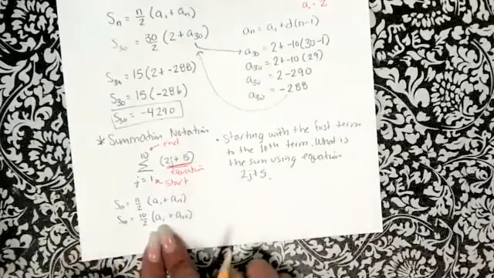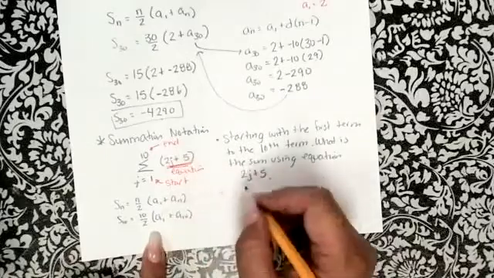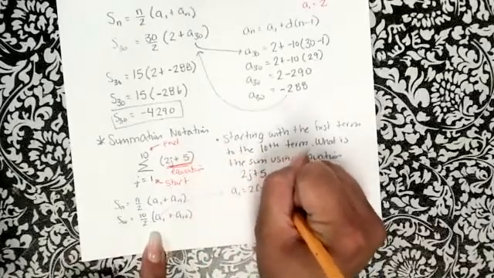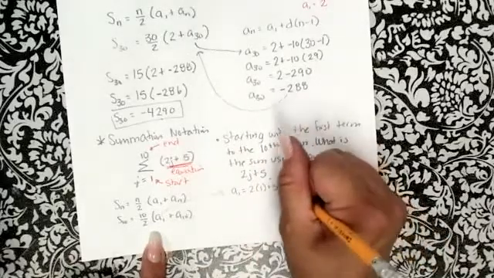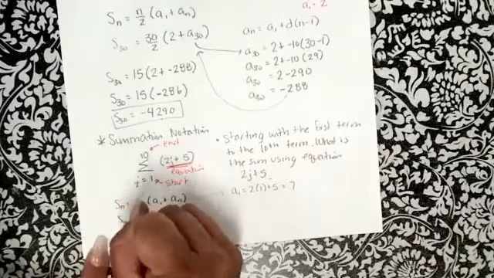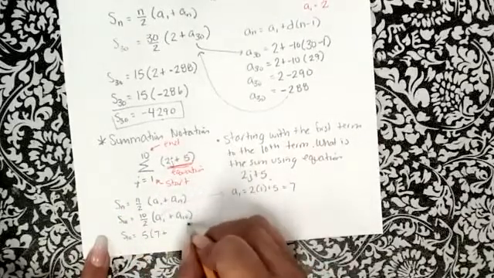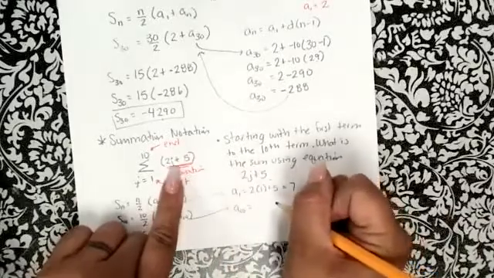Now, in order to find a1, you have to actually plug it into the equation. So to find a1, that's going to be 2 times 1 plus 5, which is 2 plus 5, so that's 7. So the number 7 is going to get plugged in there. And 10 divided by 2 is 5. And then to find the a10, I have to plug 10 into there.